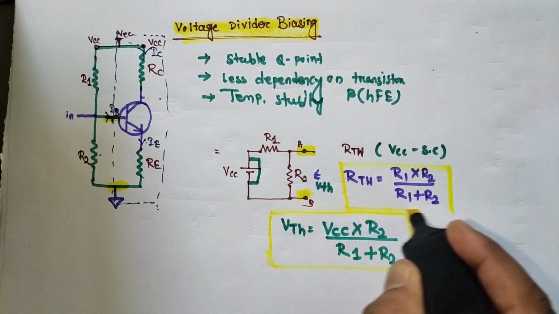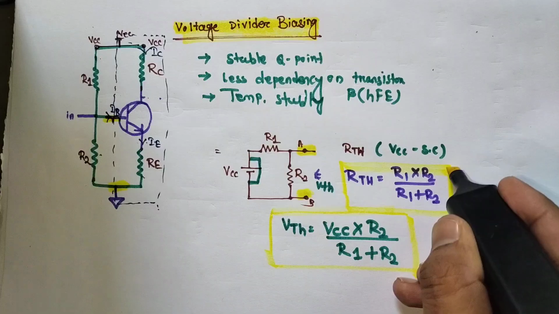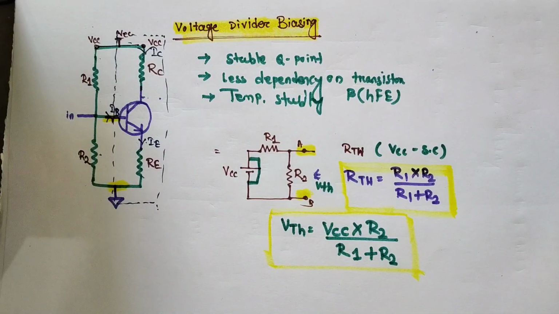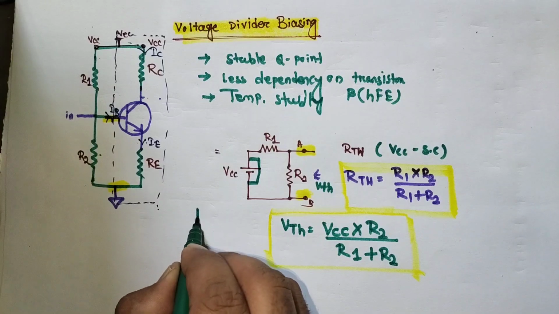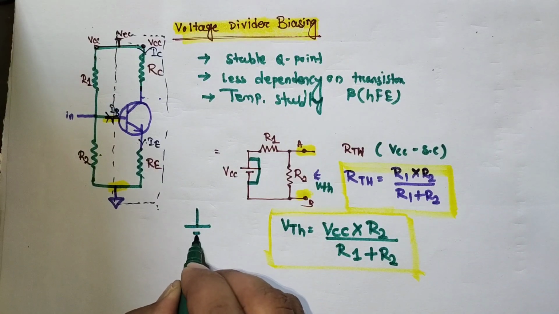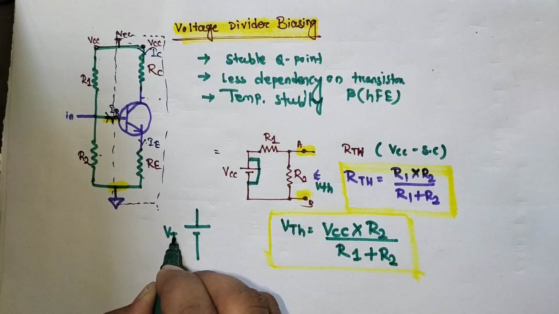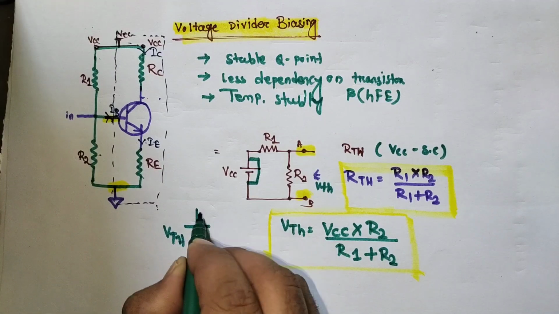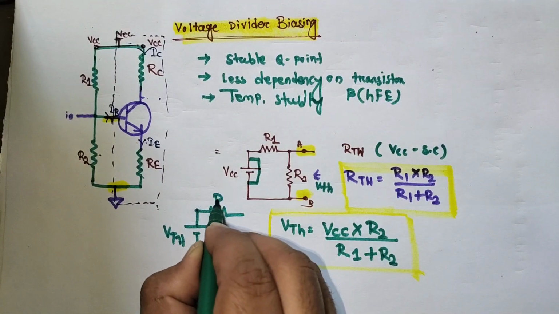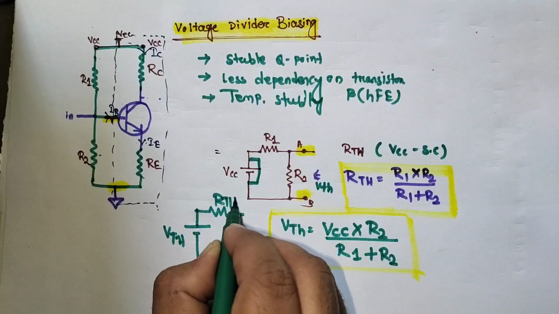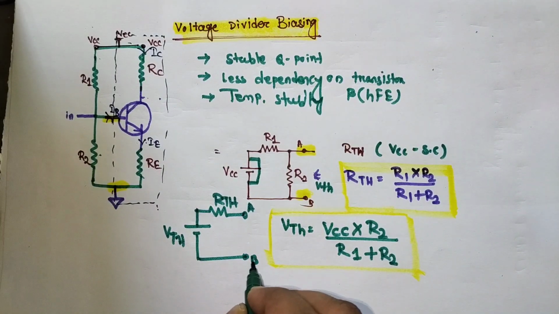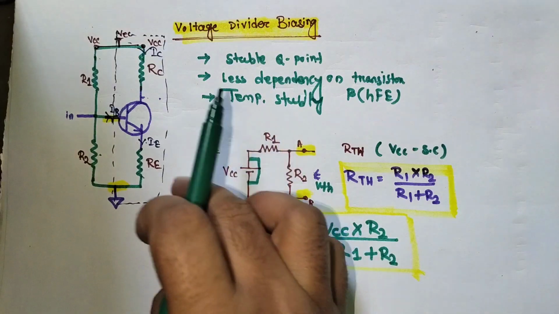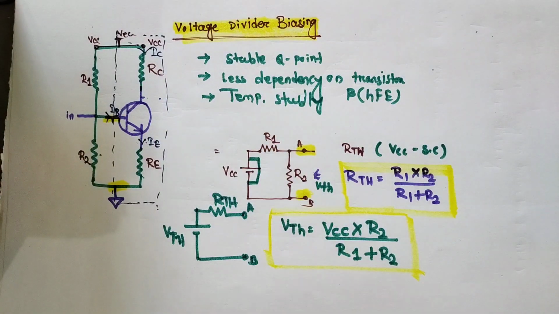Next we put in this Thevenin's equivalent circuit. The circuit looks like this: this is VTH, this is RTH, and this is A and B. Now we put this circuit here to simplify and find IB.